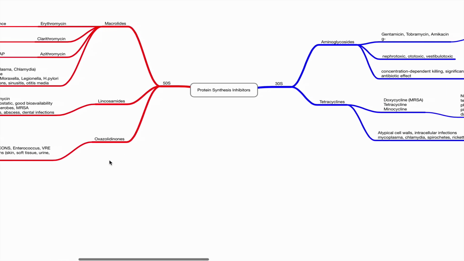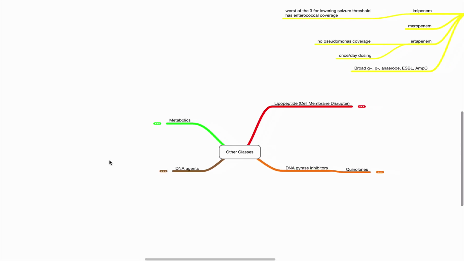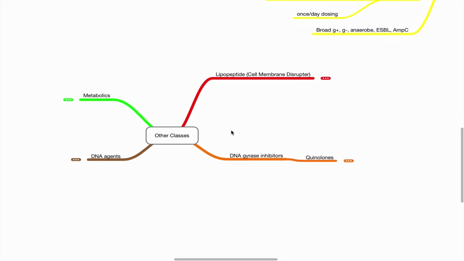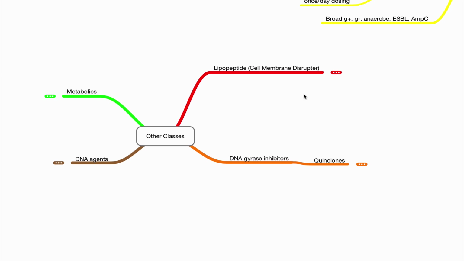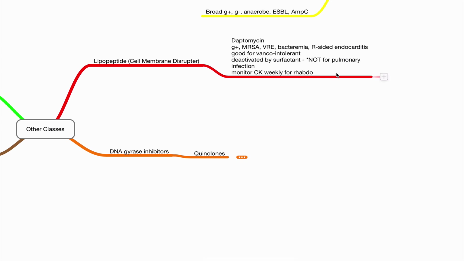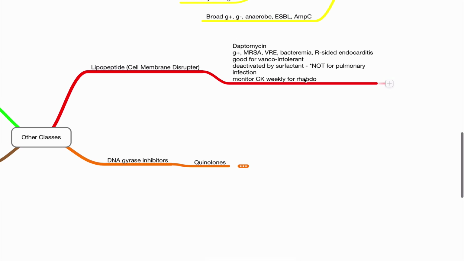Okay, that finishes off the protein synthesis inhibitors, and so our last one is the miscellaneous classes. So we'll start off with the lipopeptides. This is a cell membrane disruptor, and the specific one to know is daptomycin. Again, daptomycin, just like linezolid, is really just for gram-positive organisms.